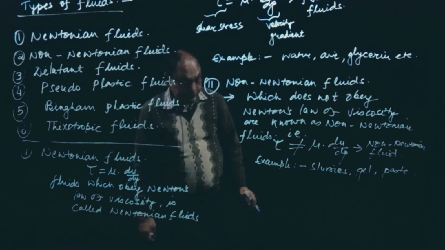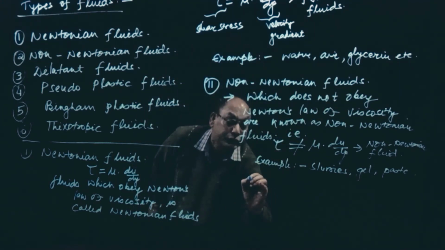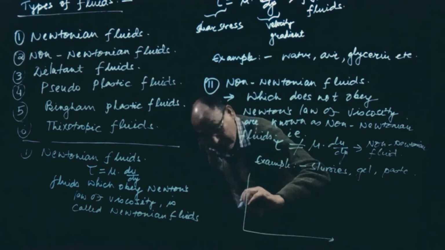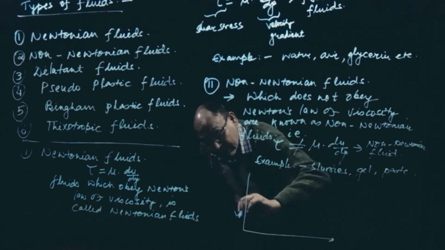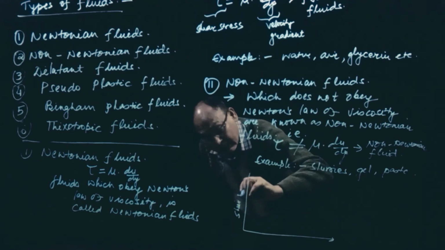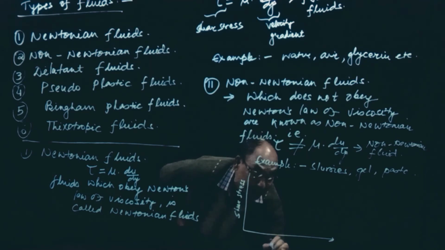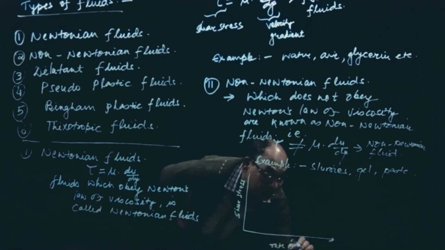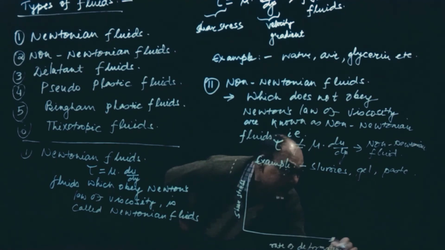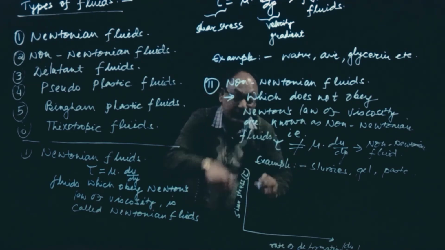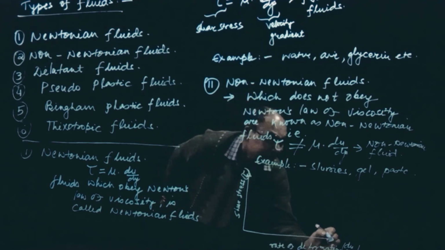Based on this, let us draw one diagram. This is shear stress, tau, vertically, and this is the rate of deformation, du by dy, or shear strain, along x.